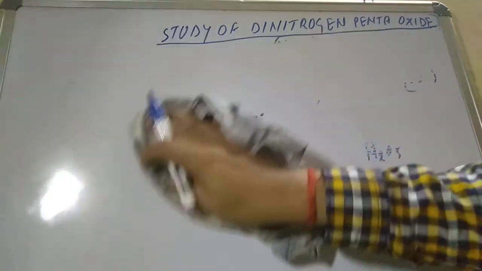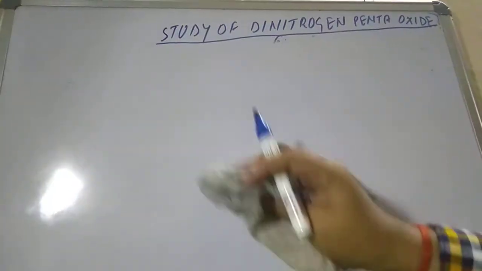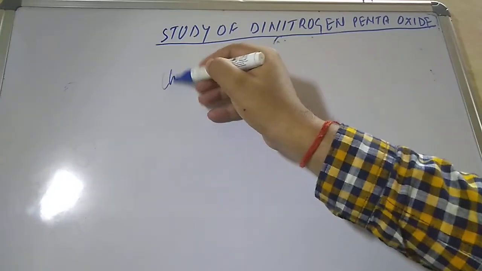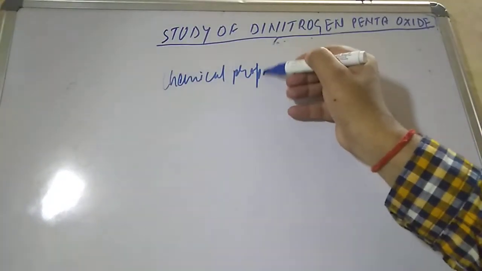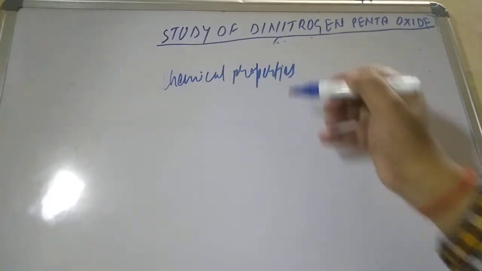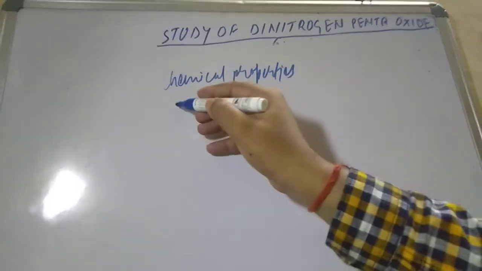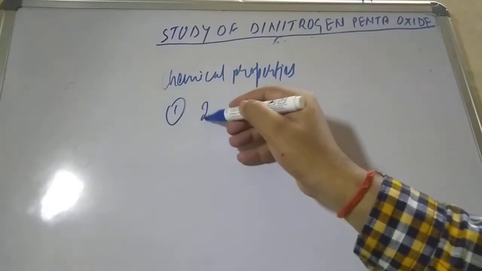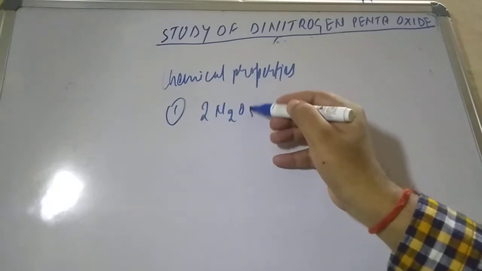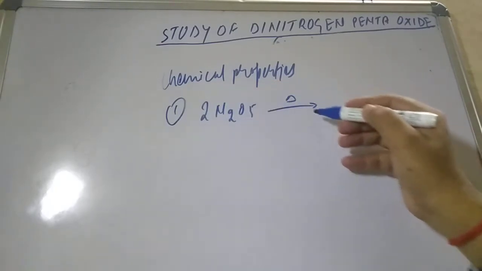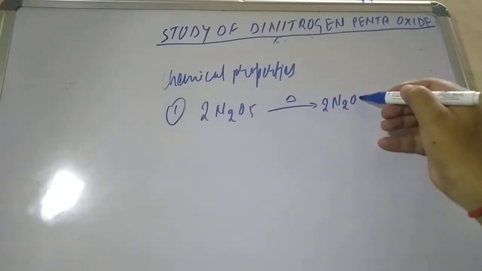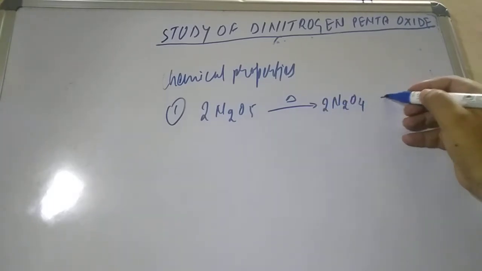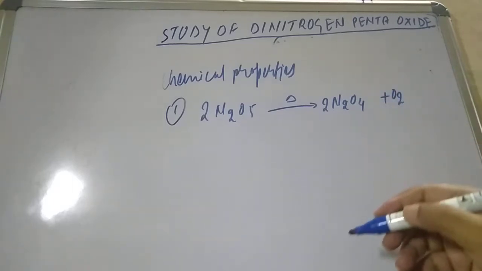Now let us move on and see some of the chemical properties. The first one is the effect of heat. If you heat N2O5 with a small amount of heat, it will give 2N2O4 along with dioxygen.